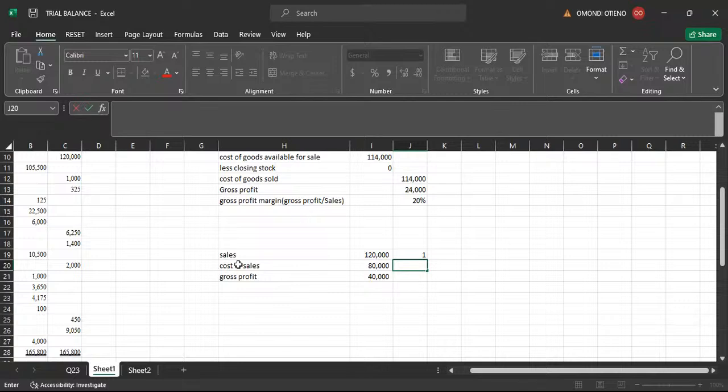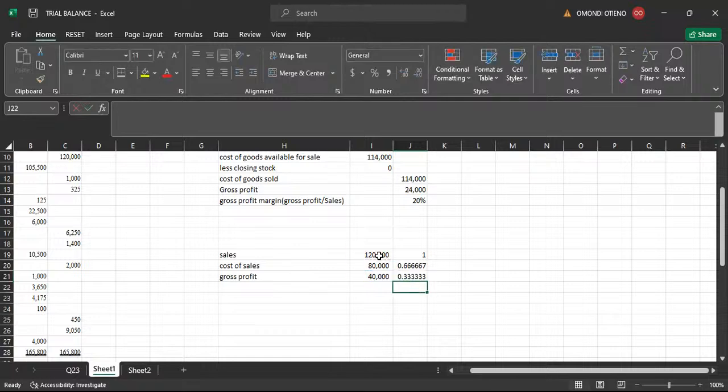If I want to get the cost of sales ratio, it is cost of sales over sales value. If I want to get the gross profit ratio, it is gross profit over sales value. So these are the percentages, so just come and insert the percentage. So we are able to see them there. Let me just reduce it to that point. So these are the percentages we are talking about.